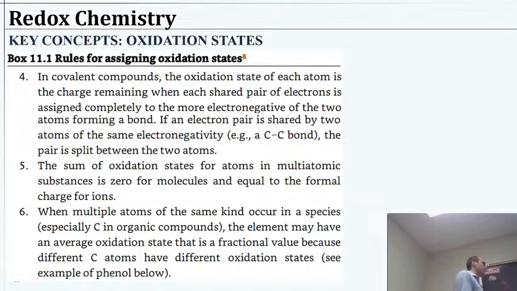Basically, if you have a large and complicated molecule, you might have a carbon on one side of the molecule that has a particular oxidation state, and another carbon on the other side that's different, just because of its local environment, and you could just assign it an average. So even for phenol, apparently that's important.